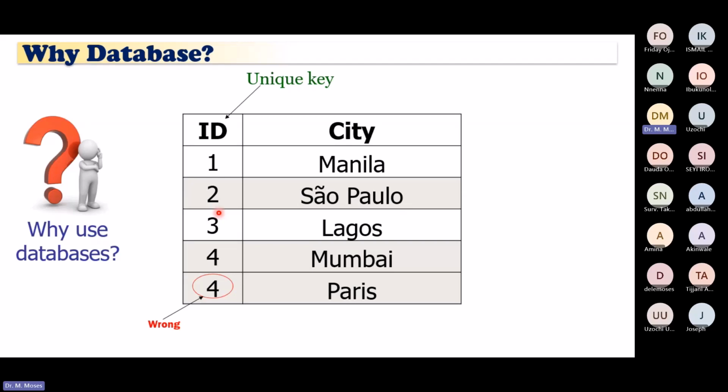But without a database, it becomes difficult to keep track of the IDs you have assigned and the ones you have not assigned. Likewise, for those in school, your registration number is also unique. So two students don't have the same registration number. However, assuming we want to use a student's name as a unique ID, two students can have the same first name and the same surname.